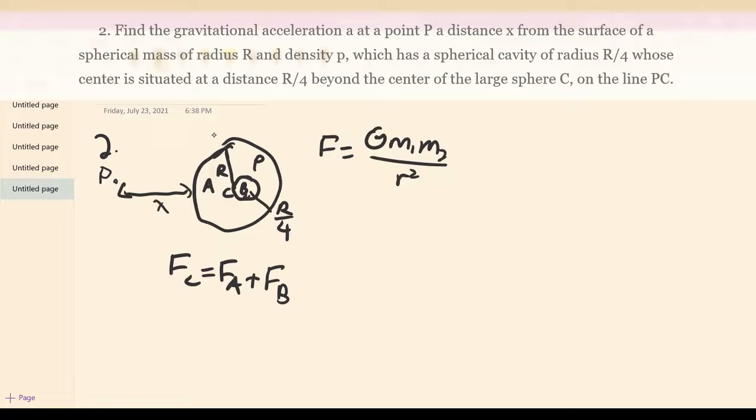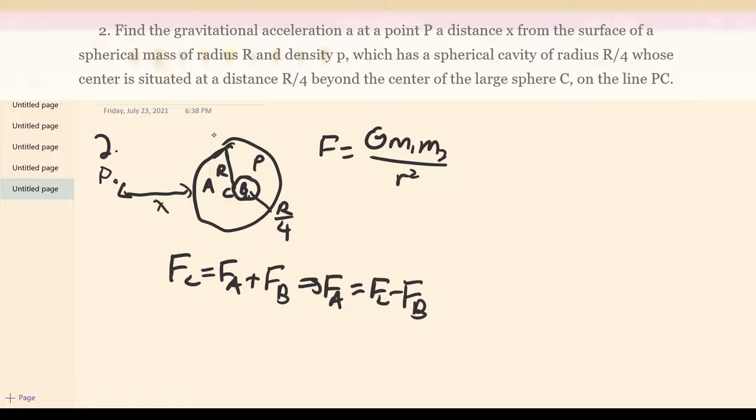FB is basically the small sphere, FA is this mass with a cavity in it. So since we have this equation, that also means that FA, which is basically what we're trying to find, is equal to FC minus FB.